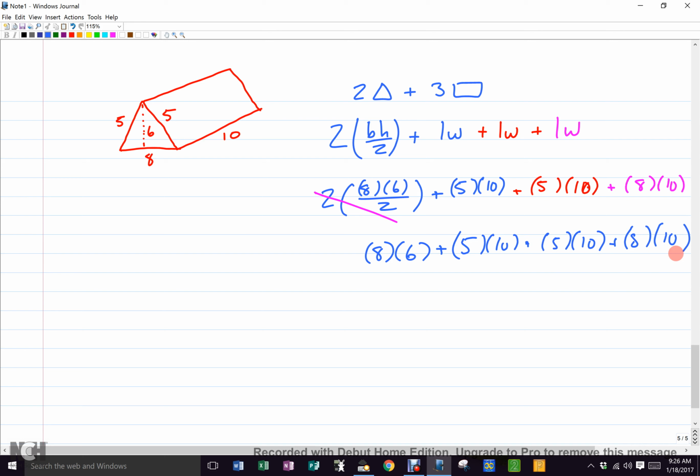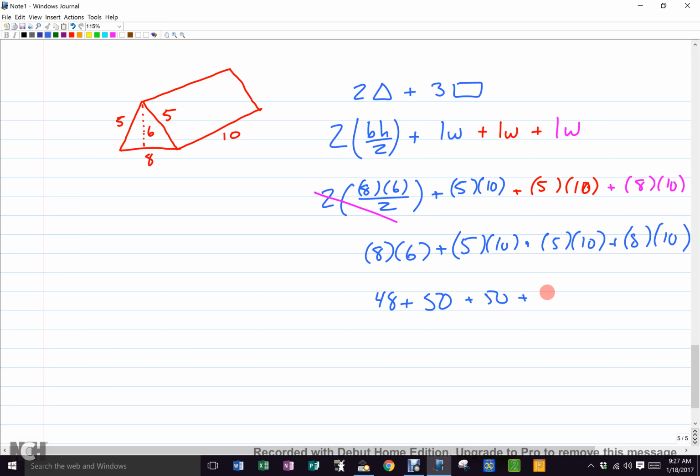Is that hard? Is this hard math? Are you going to know those answers in your head? Some of you, but what are you going to use? Calculator. What's 8 times 6? 48. Plus 5 times 10? 50. Plus 50.